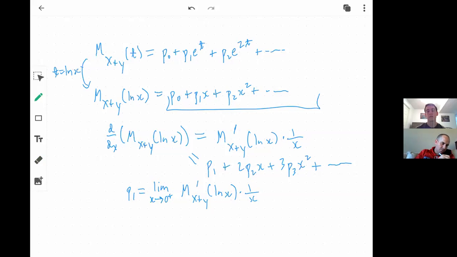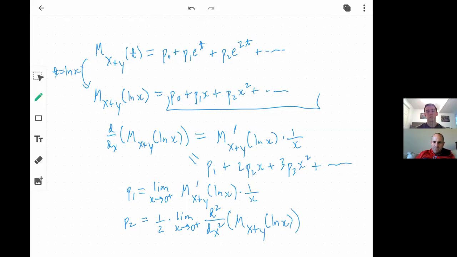So p2 is equal to 1/2 times the limit as x goes to 0 from the right of the second derivative of this thing, m sub x plus y, with logarithm of x plugged in.